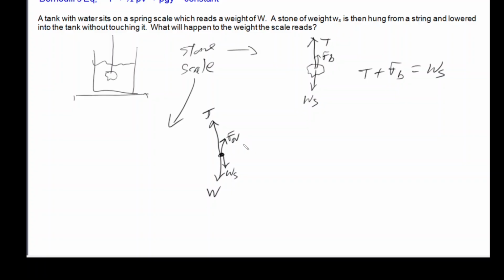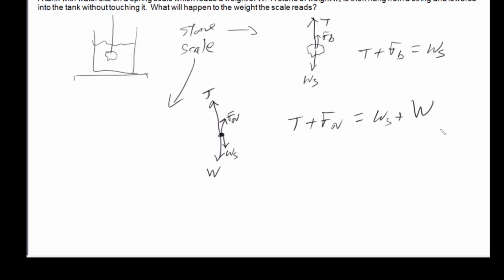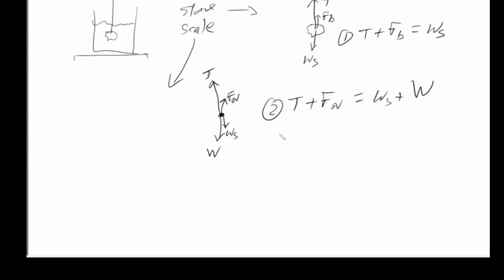That's what we're actually measuring. The only thing not affecting the scale system is the buoyancy force. That only acts on the rock. So for this scale system, we know the tension plus the normal force has to equal the weight of the stone plus the weight of the tank and water. Okay, so we'll call this equation 1 and this equation 2.